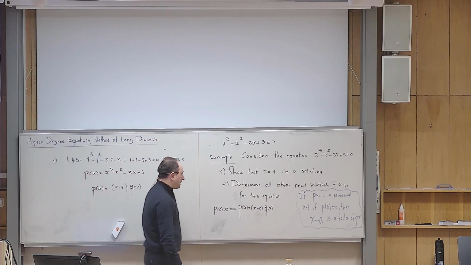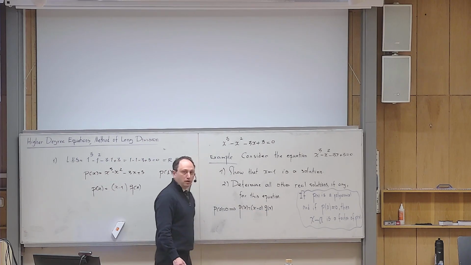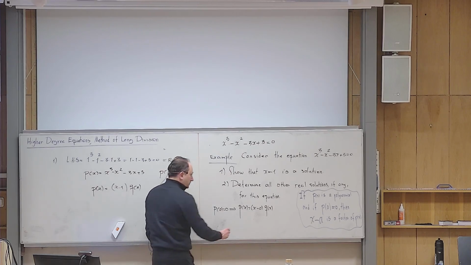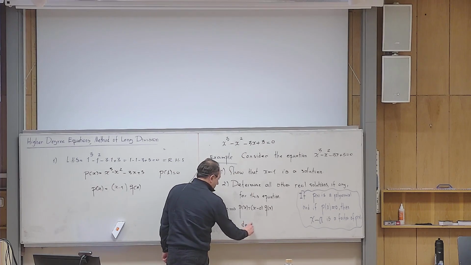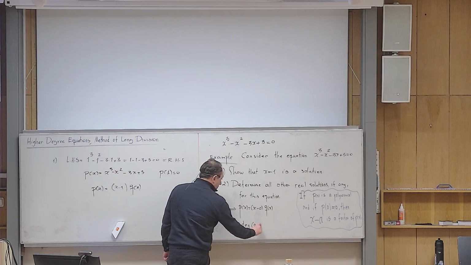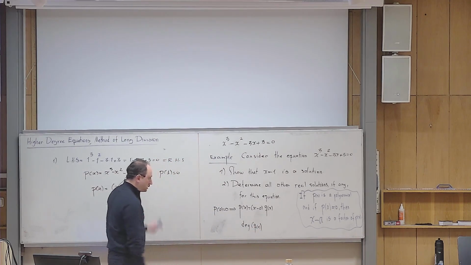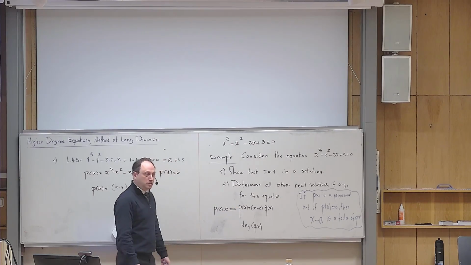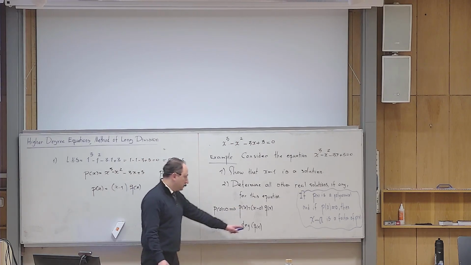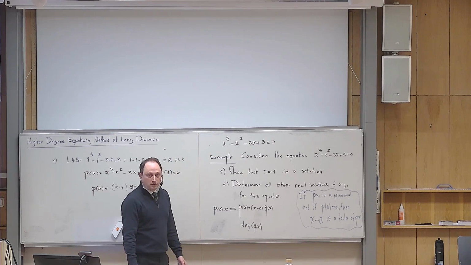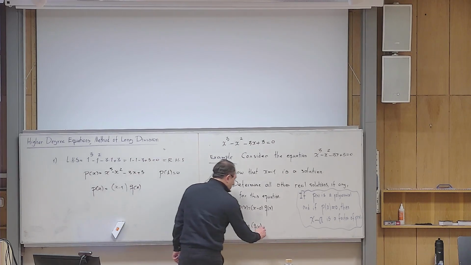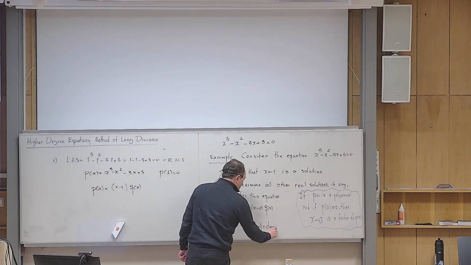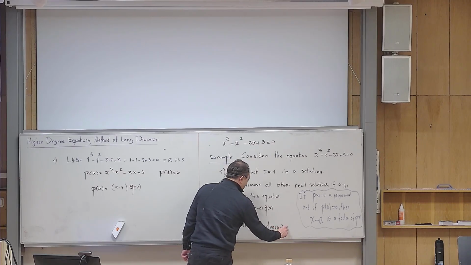What is its degree? In this case, second. In general, if the degree of my original polynomial is n, the degree of q of x is n minus 1, one unit less than p of x.